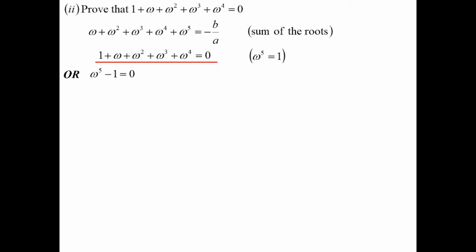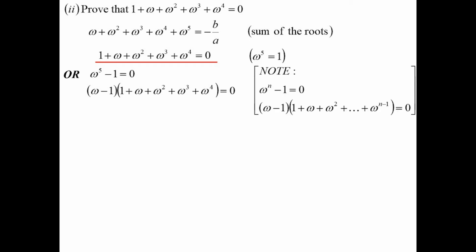Another way you can do it: omega to the power of 5 minus 1 is equal to 0. I could factorise that, and so we get omega minus 1, and then you'll remember in the second parentheses, we get all of the powers until we get down to 1. So it'll be omega to the power 4 plus 3 plus 2 plus power 1 plus 1 is equal to 0. Well, that comes from this relationship.